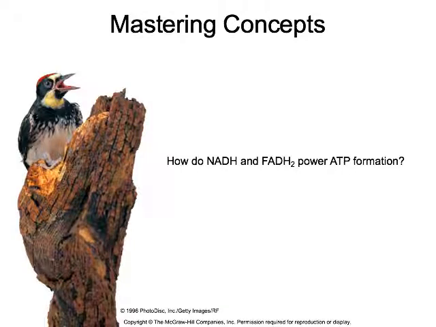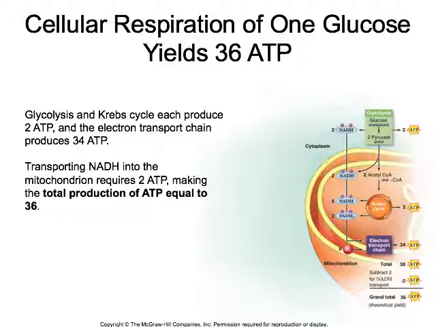When we're studying for the exam, make certain that you understand the role of these electron carrier molecules and how they ultimately lead to powering ATP formation. Cellular respiration of 1 glucose yields about 36 ATP.